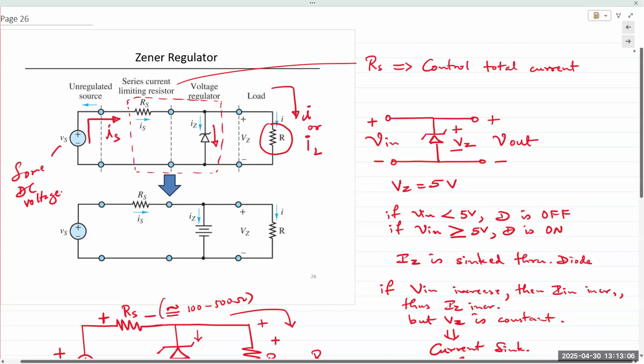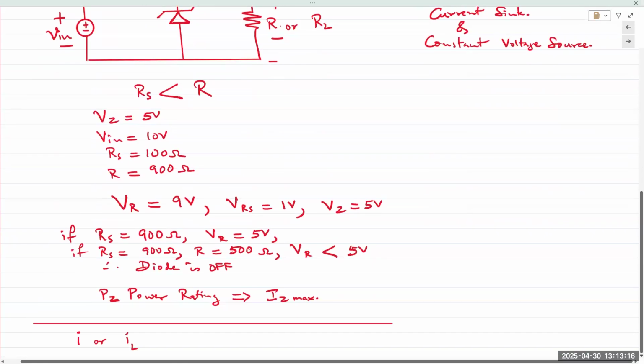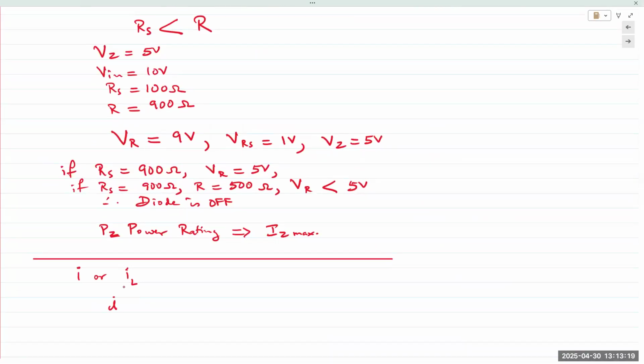So if you apply KCL at the top node, or at the bottom node, it doesn't really matter, what do we get? IS, the supply current coming into the Zener diode and the load resistance. IZ and IL are in parallel branches. So the total supply current coming from the power supply is divided between the Zener diode and the load. There's no other pathway for the current to go through.